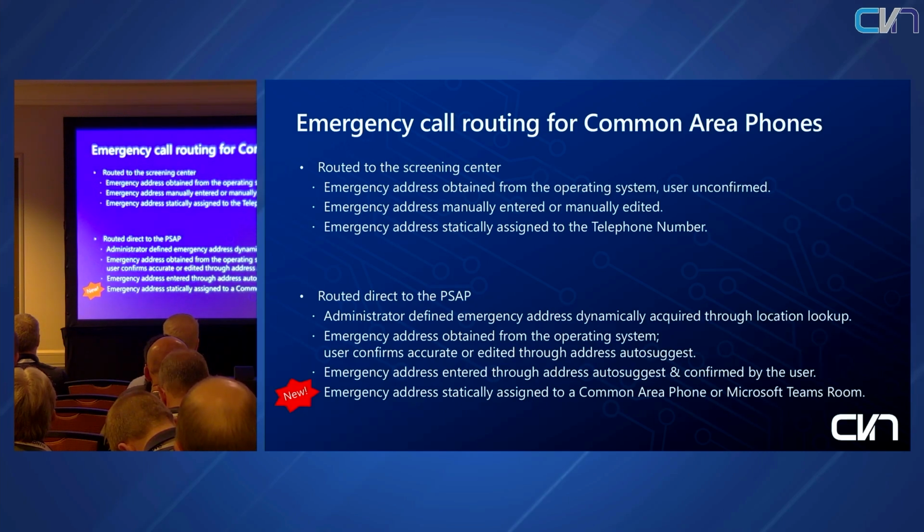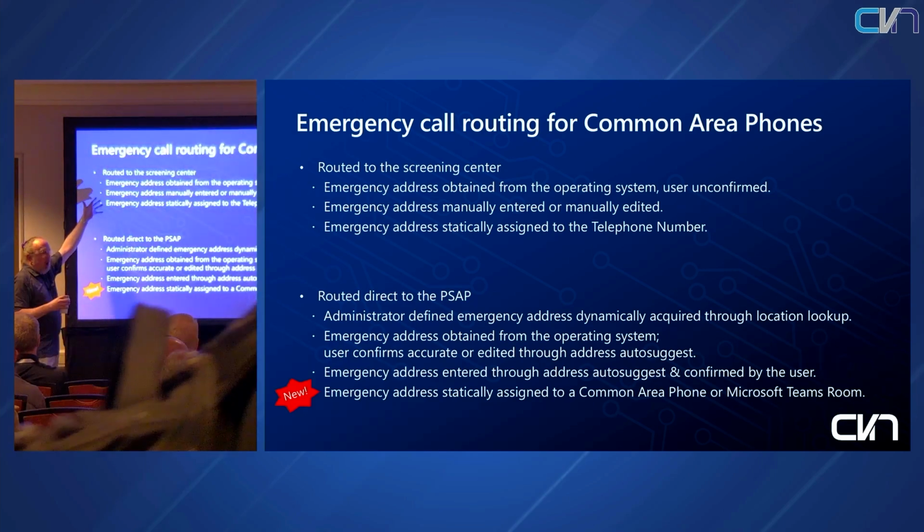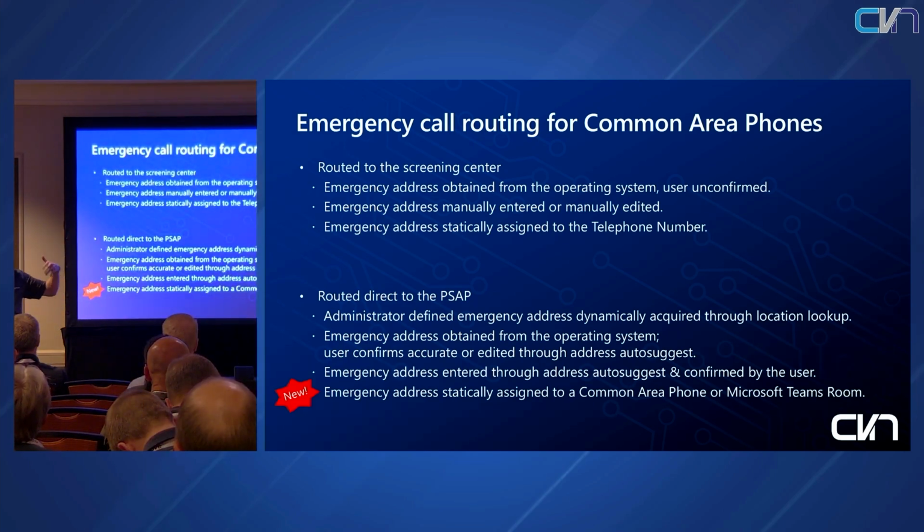So historically, we'll route calls to the screening center broadly in cases where we don't have a lot of confidence that the address is accurate. If I'm a user and I'm manually editing the address, I instantly don't trust you. If I manually enter the address, I don't trust you as a user. I'm going to first route this call to the screening center.